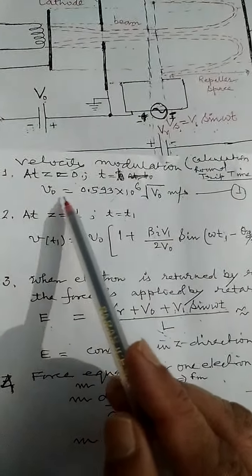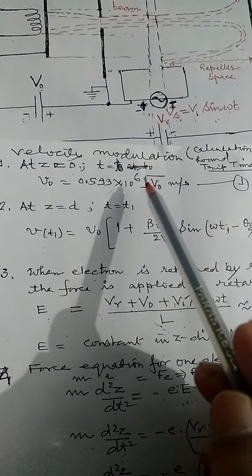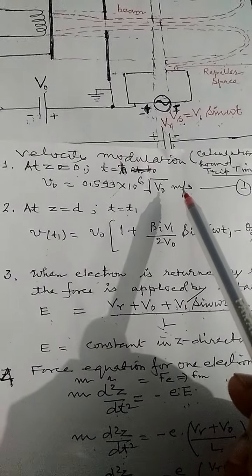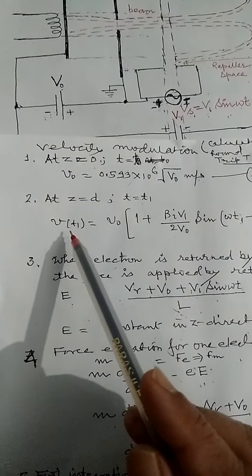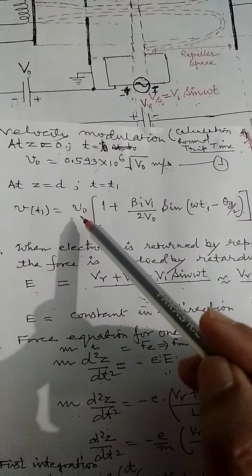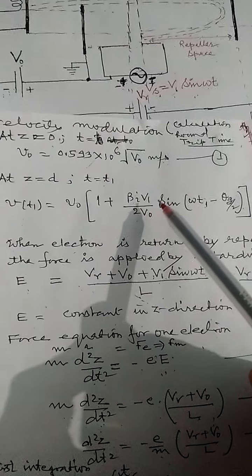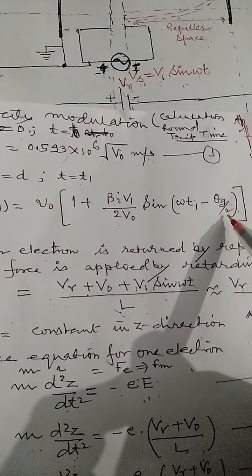Now we see that v0 we had already calculated, that was equal to 0.593 into 10 power 6 square root V0 meter per second, where V0 is the beam voltage, and v of t1 we also calculated, that is v0 into 1 plus beta i V1 divided by 2 V0 sin omega t1 minus theta g by 2.